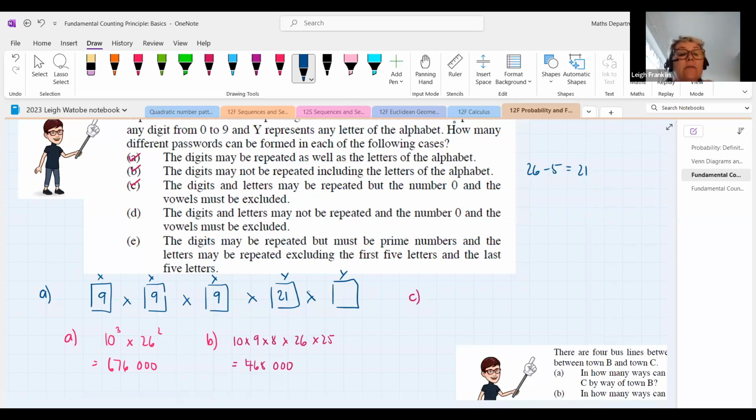But it tells us that we can repeat the letters and the digits, so in how many ways can we fill the last block as well? Sorry, Yolanda, it's not 20 at the end. It's going to be 21, because we are allowed to repeat. If we weren't allowed to repeat, then we couldn't do this. So this would be 9 cubed times 21 squared.